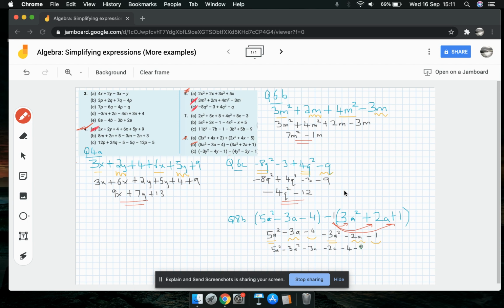You simplify this. 5a squared minus 3a squared is 2a squared, minus 3a minus 2a is minus 5a, and minus 4 minus 1 is minus 5. That's definitely a trickier one that we'll have to look at in class. But this is the final answer, fully simplified: 2a squared minus 5a minus 5. I cannot break it down any further. So that has been more examples of simplification.